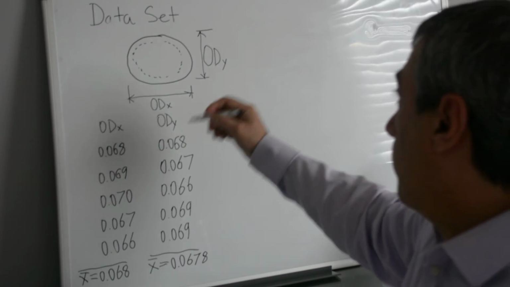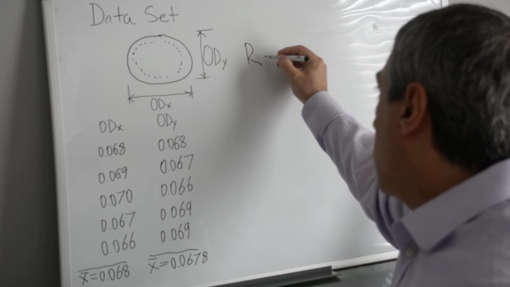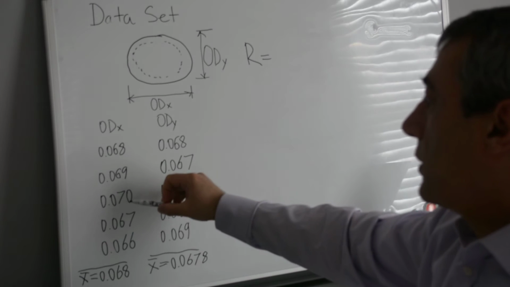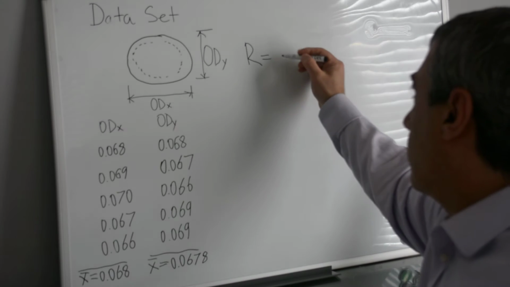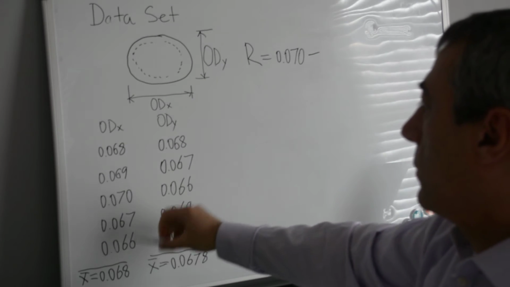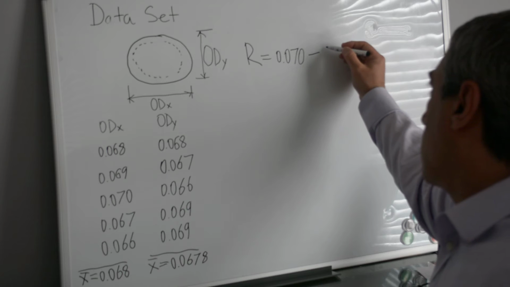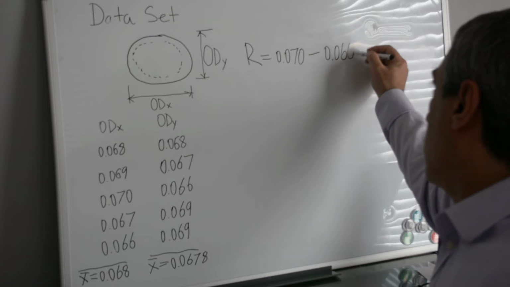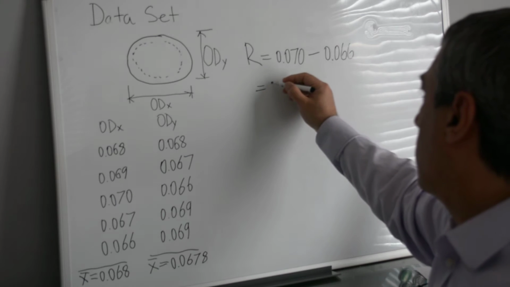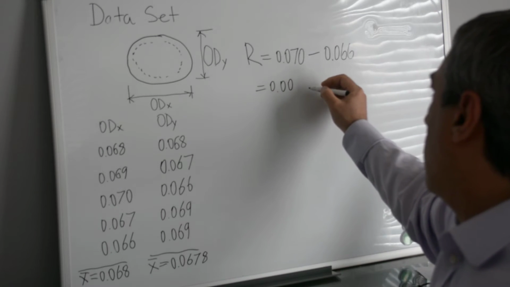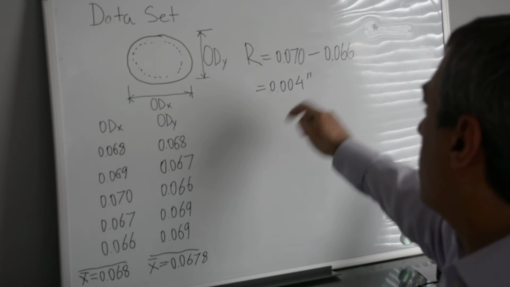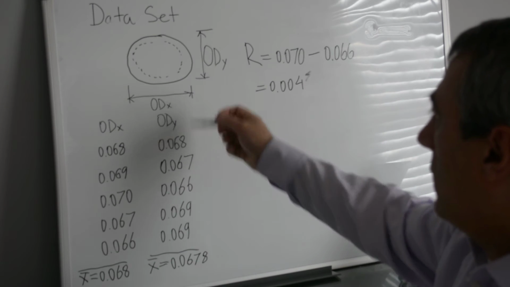The range, let's denote it as R, is equal, in this case, the largest value in the data set is 70 thousandths of an inch, and the smallest value is 66 thousandths of an inch. So the range for sample X would be 4 thousandths of an inch.